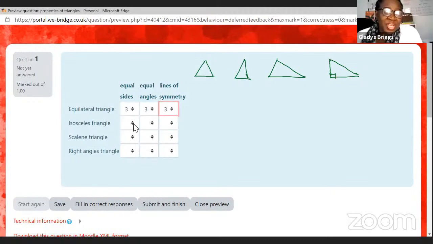An isosceles triangle has two equal sides, two equal angles, and one line of symmetry. A scalene triangle has no equal sides, no equal angles, and no lines of symmetry.